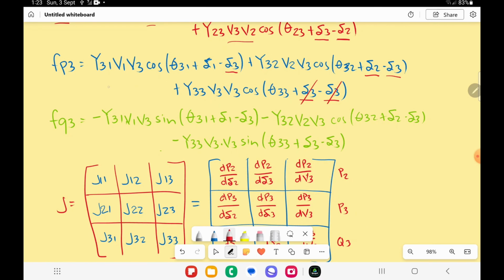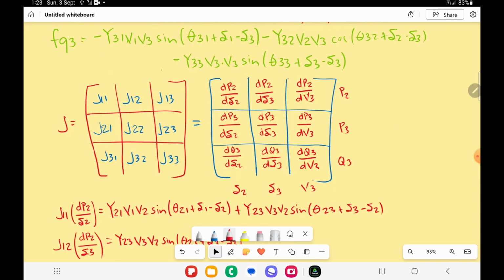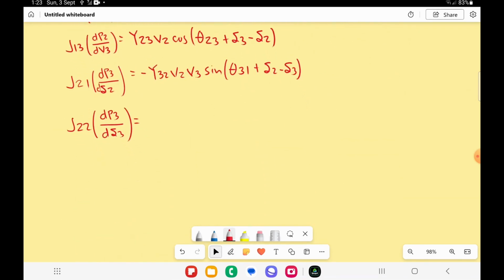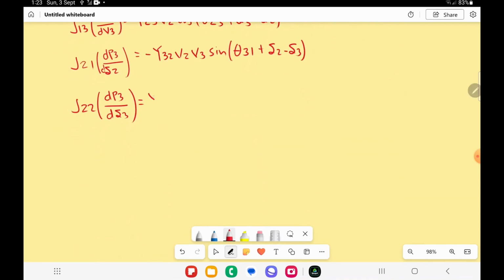So it becomes positive Y31 B1 B3 sine theta 31 plus delta 1 minus delta 3.